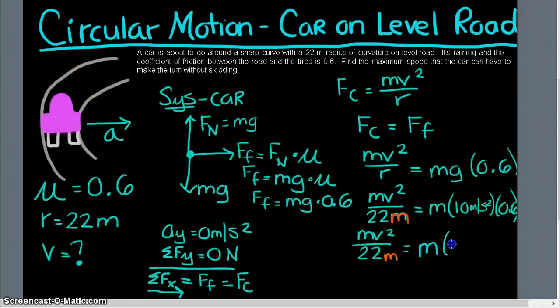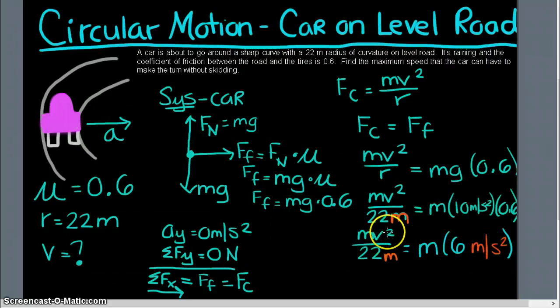Now, the coefficient of friction has no units on it. Our acceleration due to gravity has meters per second squared. And again, those are units. And until everybody's comfortable with these procedures, I just want to highlight my units in red. I wouldn't want this m here for meters to be confused with a physical quantity of mass. So I'm just going to keep that the way it is.